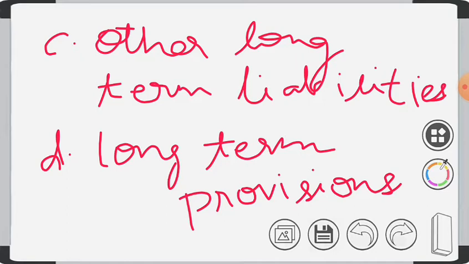So these are the sub points of non current liabilities.